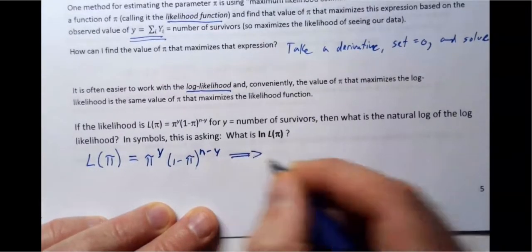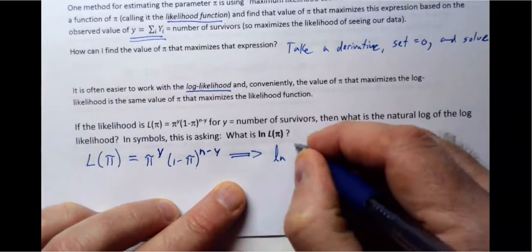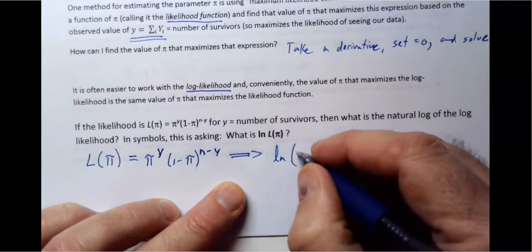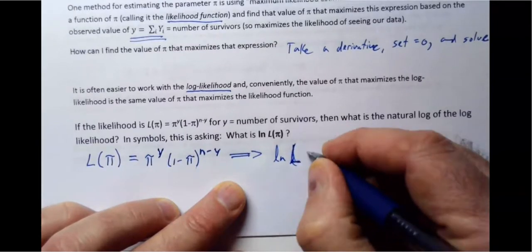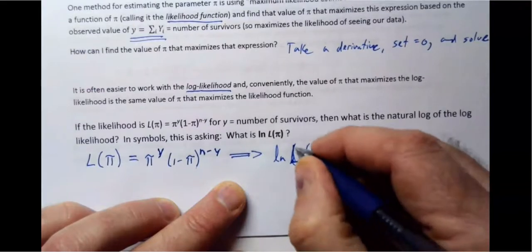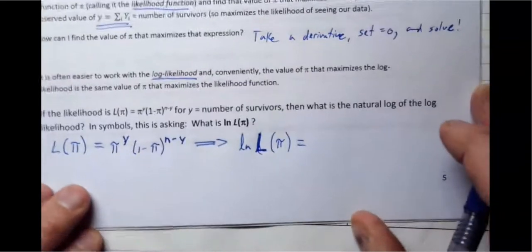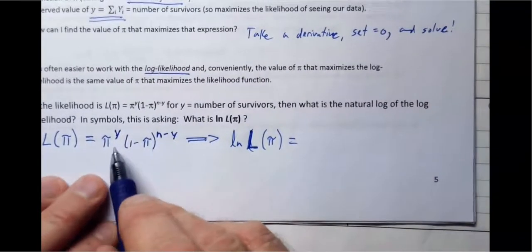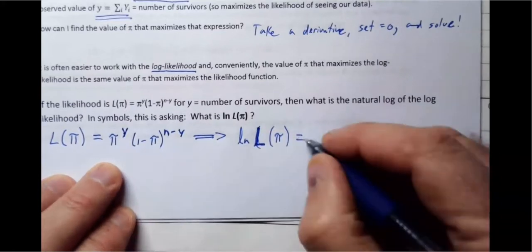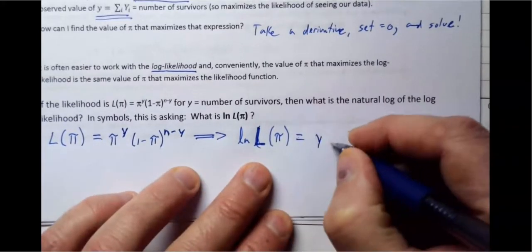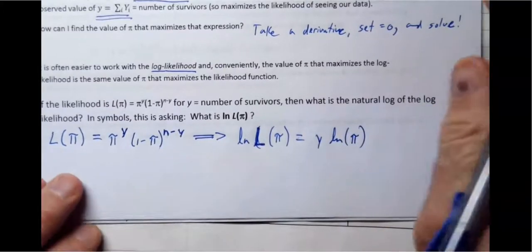So if I convert this to the log, the log of L of pi, the log likelihood, this requires you to remember something about how logs work. Pi to the y, if I take the log of that, would be y times the natural log of pi.